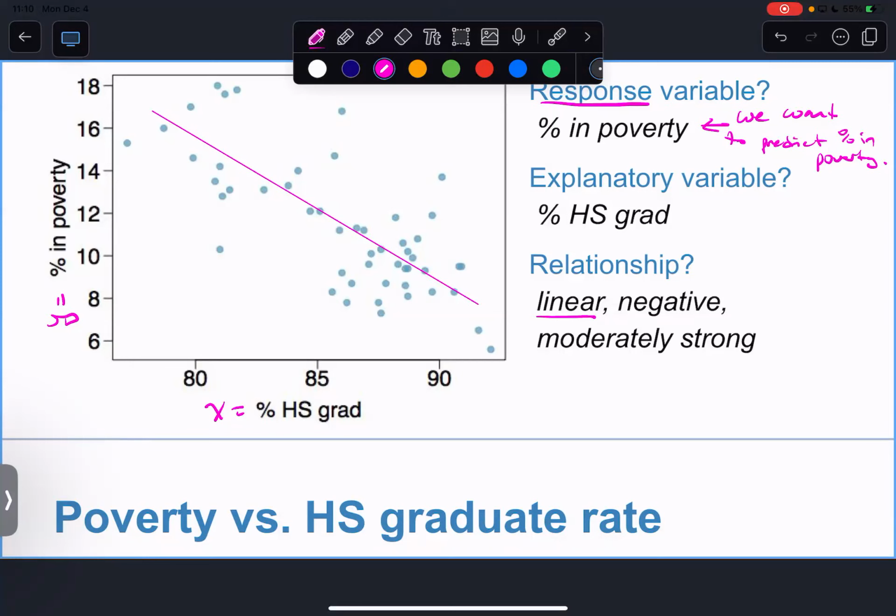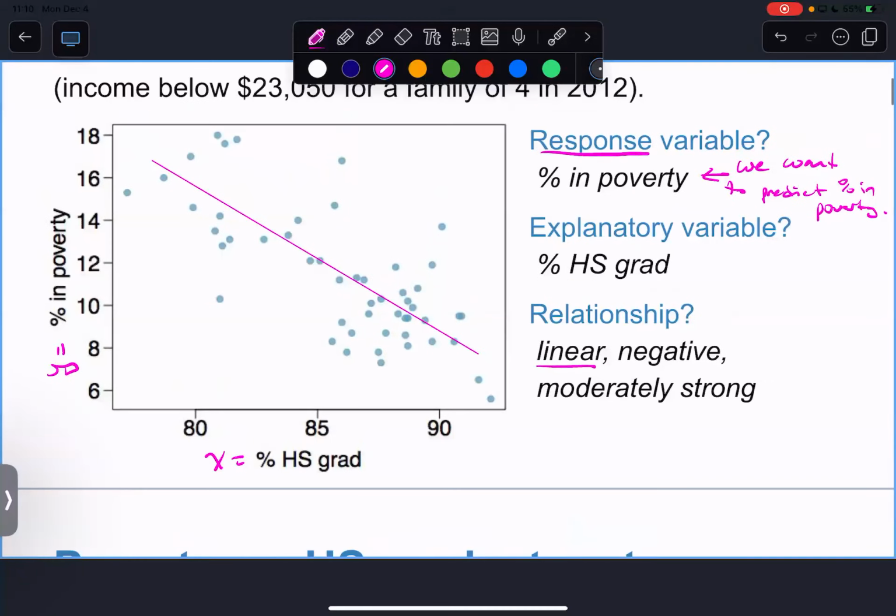So then I say it's linear. This is like when we say the histogram looks normal. You want to be squinting. You don't want to get too picky, because just overall here, it looks like I could describe this with a straight line.